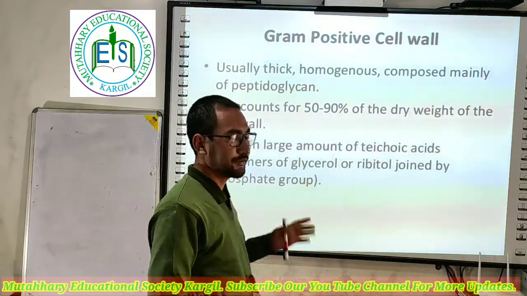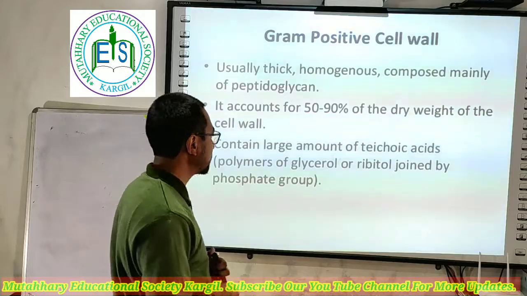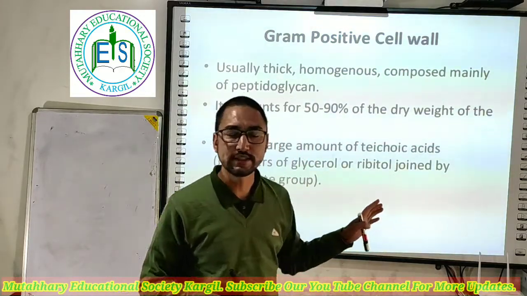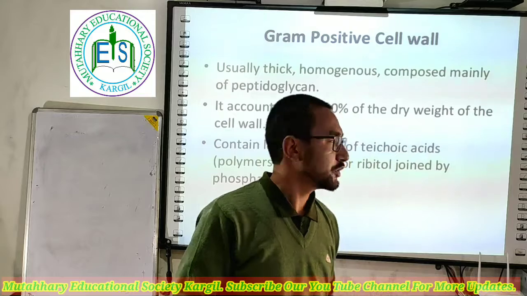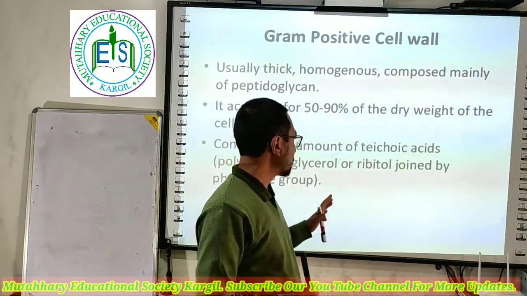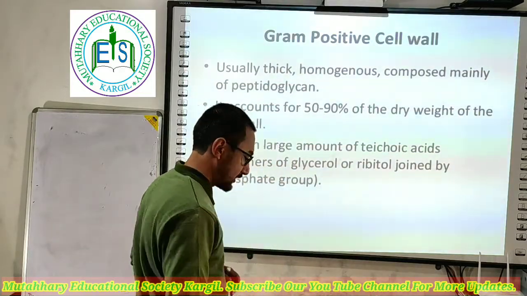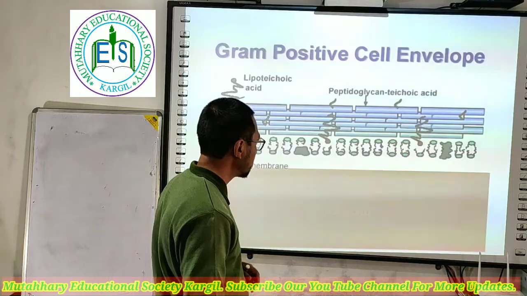It accounts for nearly 50 to 90% of the whole cell wall, and a large amount of teichoic acid is also present. This is again an important difference between gram-positive and gram-negative cells. So there is a huge amount of teichoic acid present. These are basically polymers of glycerol.